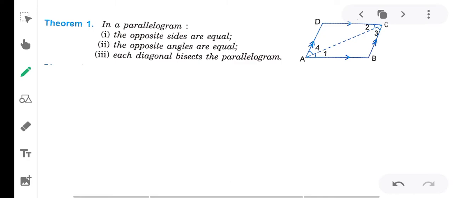In a parallelogram the opposite sides are equal, AB equals CD and BC equals AD. Opposite angles are equal, that means angle A equals angle C and angle B equals angle D. Then each diagonal bisects the parallelogram, that means AC bisects the parallelogram.